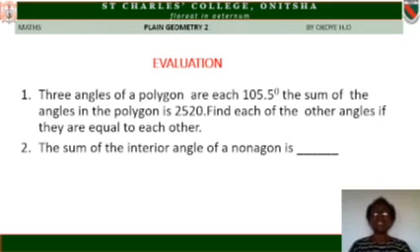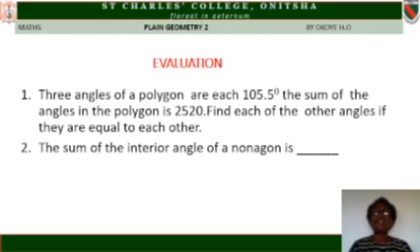A quadrilateral is a polygon, for example, square, rectangle, kite, parallelogram, rhombus. Another one, hexagon, 6 sides. You have to memorize the number of sides and the name of the polygon for answering questions at any point in time.